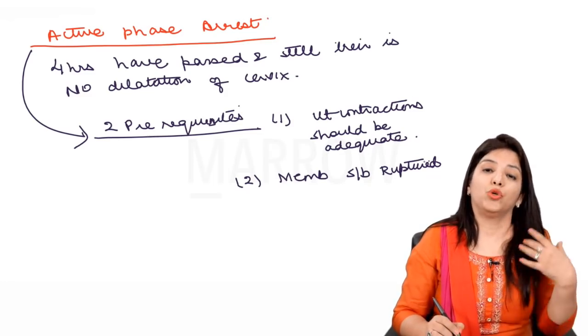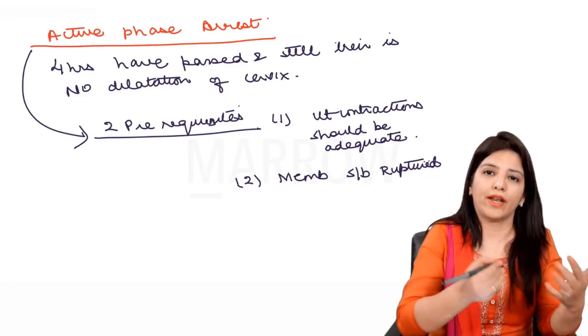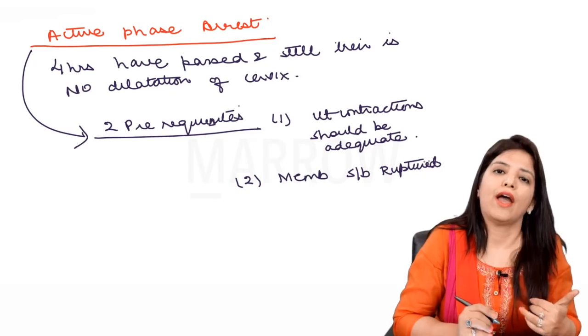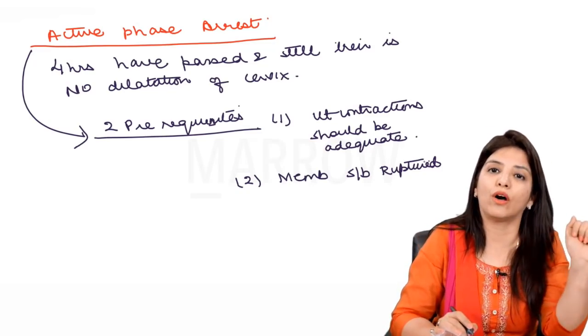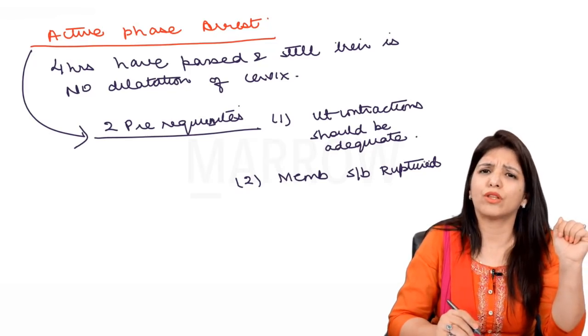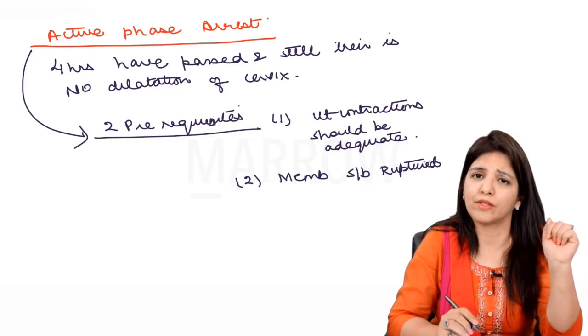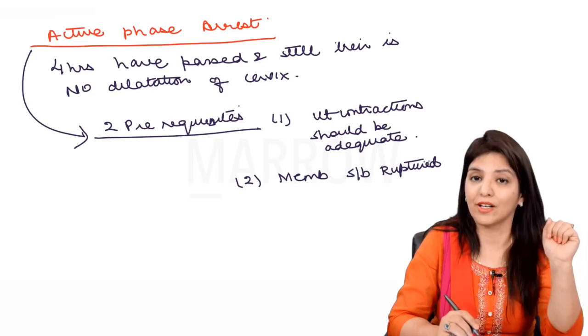Suppose at 2 o'clock when you went and saw that patient, the dilatation was 6 centimeters, but when you put your hand on her uterus, you find that the contractions are not adequate. Now you're going to ask me, what are adequate contractions?